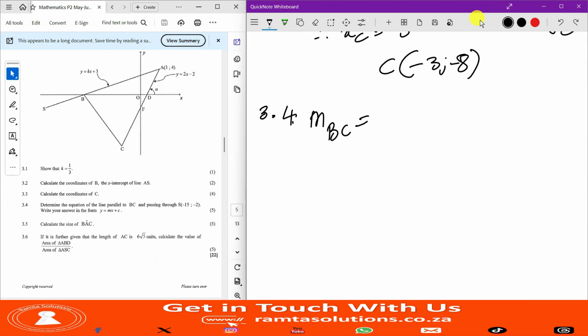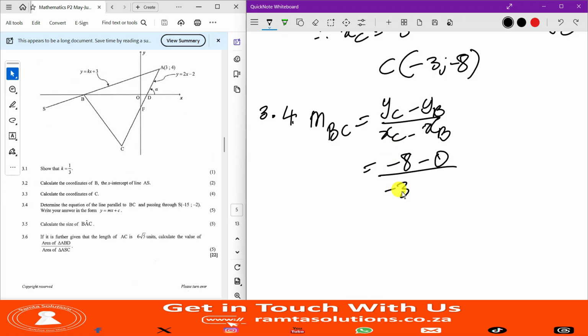So we will say this is y of C minus y of B all over x of C minus x of B. What is the y value of C? It is minus 8. The y value of B was 0. What is the x value of C? It is minus 3. And what was the x value of B? It was minus 9, right?